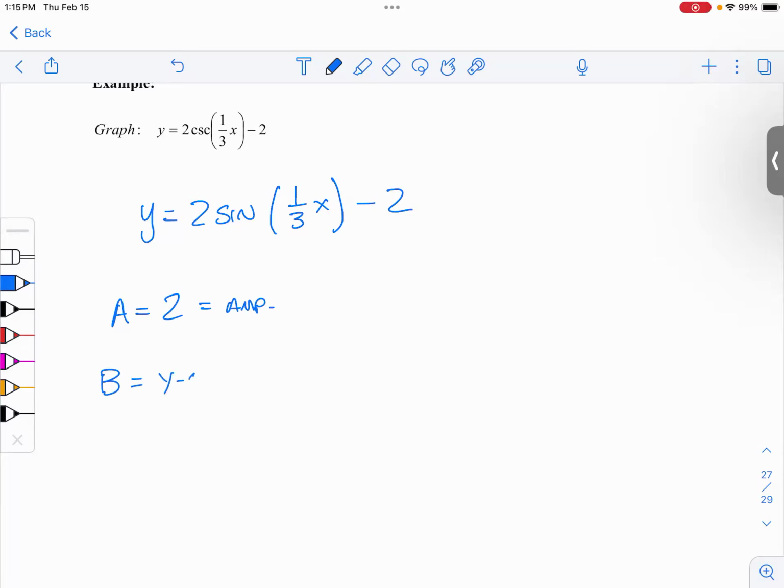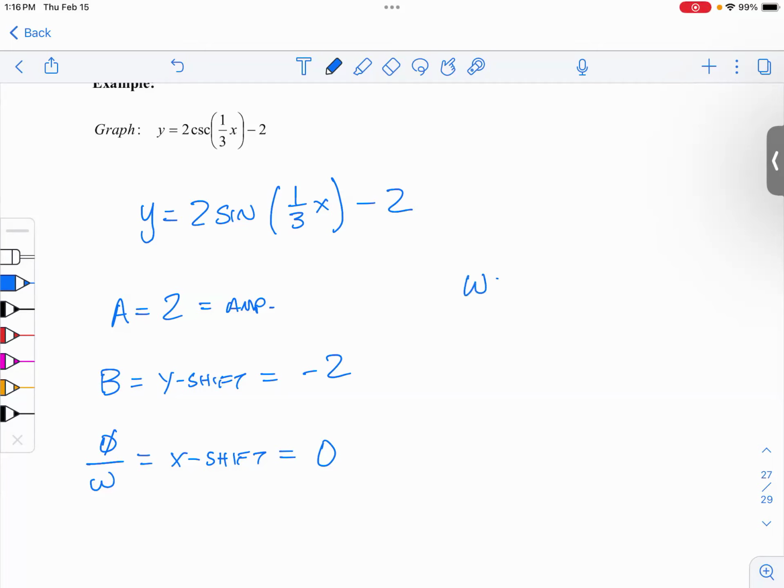B, which is the y shift. And then actually, I see some really good news. Phi over omega, which is the x shift, is no shift. It's 0. Oh, okay, good. So the good news is we're not moving over, which means we're starting right on the y-axis. That's excellent news.